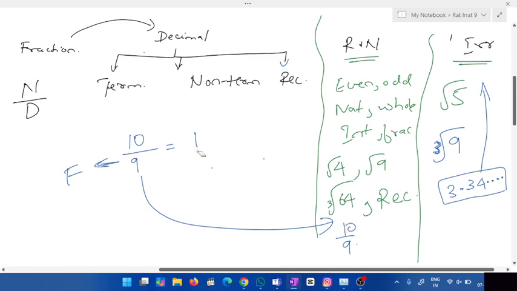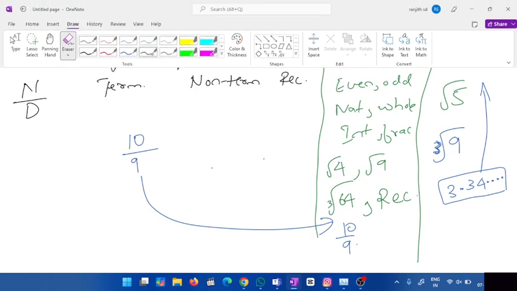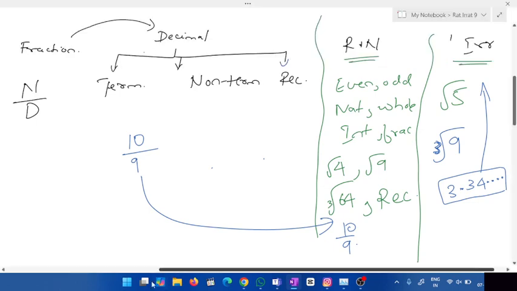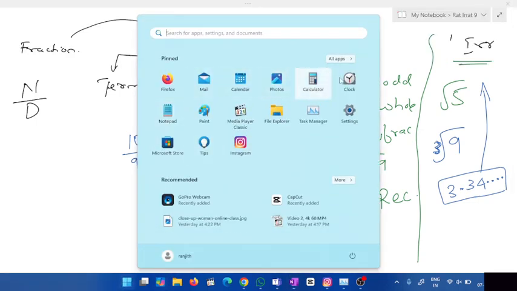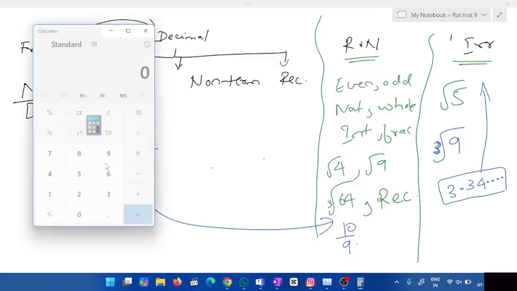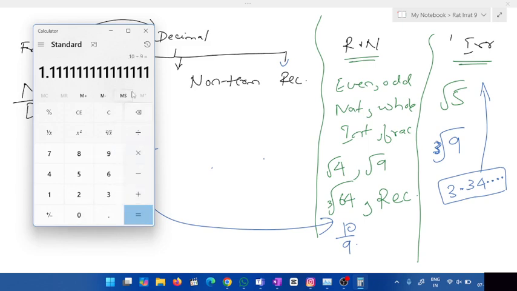Anything given in terms of fraction belongs to rational numbers. Let's divide this, 10 divided by 9.